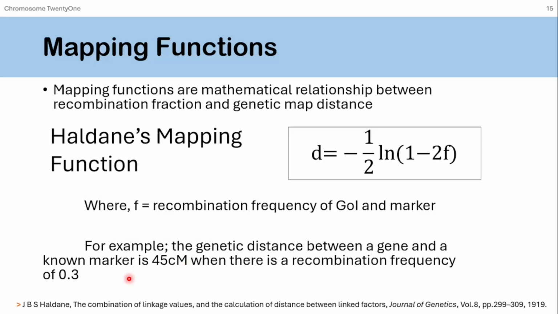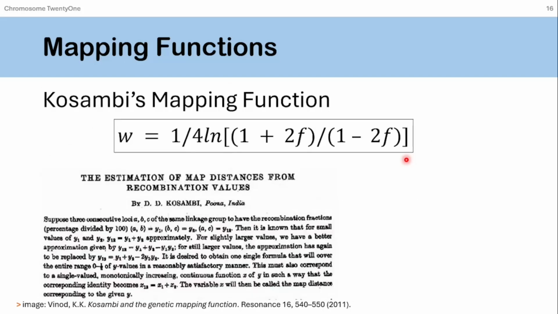But when you look at the realistic values of genetic maps, it doesn't exactly correlate even with this function. And later on, it was found that this is because of something called interference. Interference is a phenomenon where there is an inhibition of another chiasma formation within the very close proximity of an already formed chiasma.